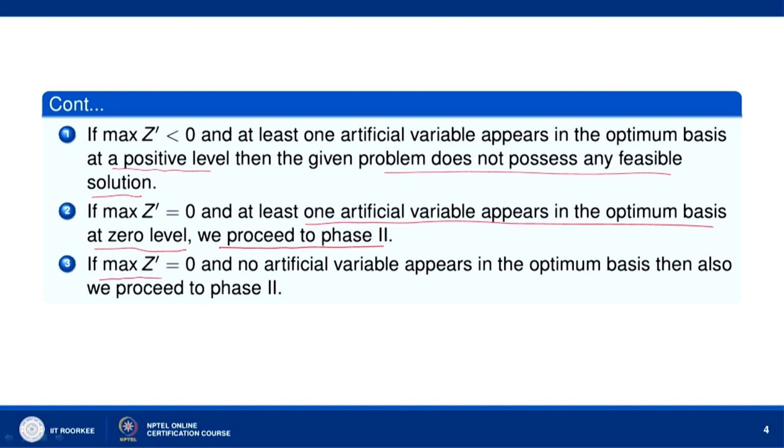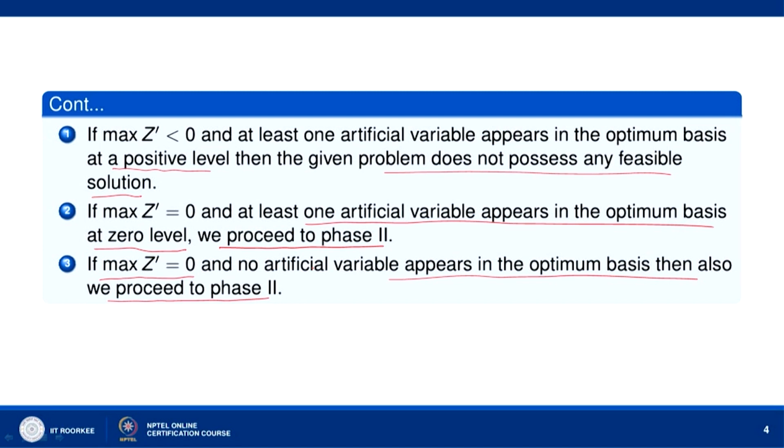And in the third case, when maximum of z star is 0 and no artificial variable appears in the optimum basis, then also we proceed to phase 2. So we proceed to phase 2 in 2 cases: when the maximum value of z star is 0 and at least one artificial variable appears in the optimum basis at 0 level, or when the maximum value of z star is 0 and no artificial variable appears in the optimum basis.